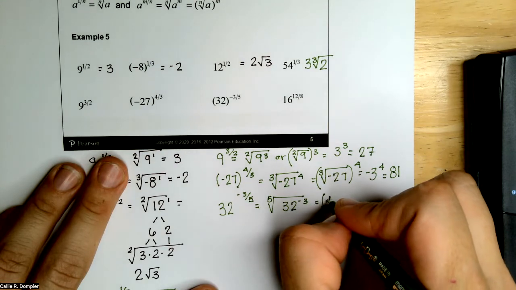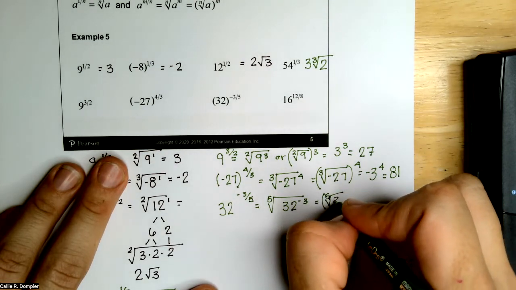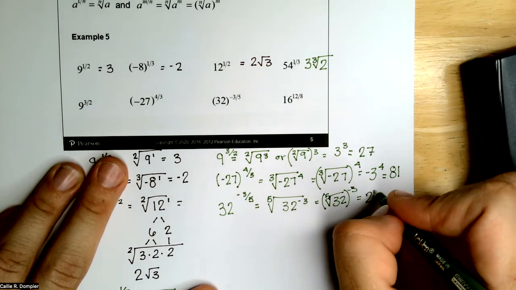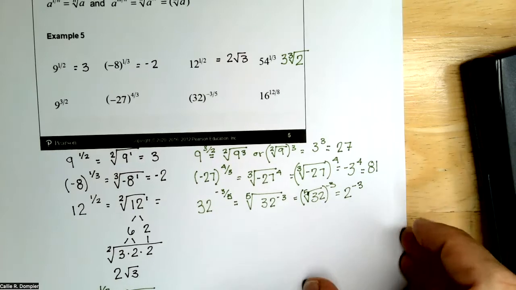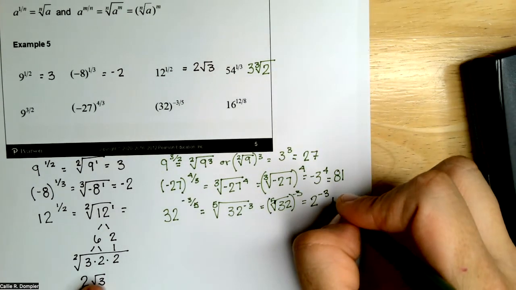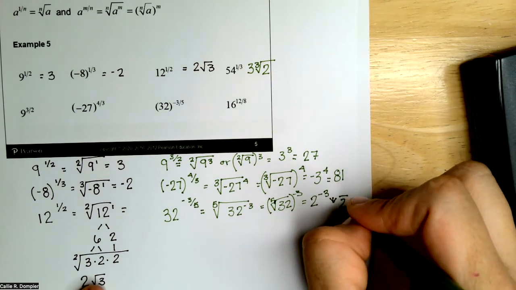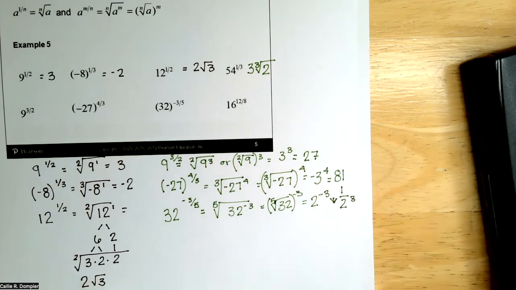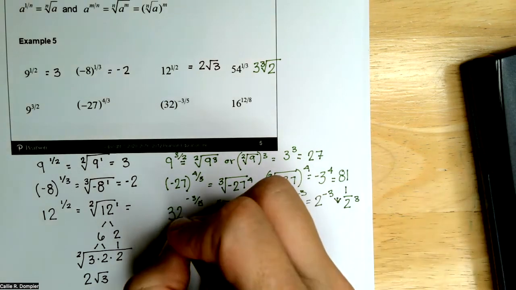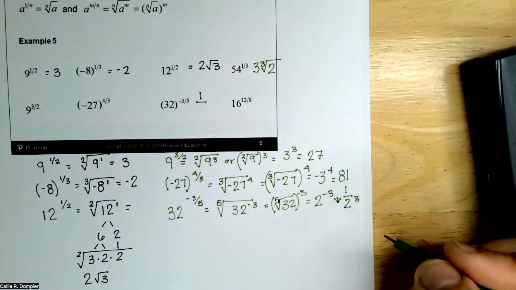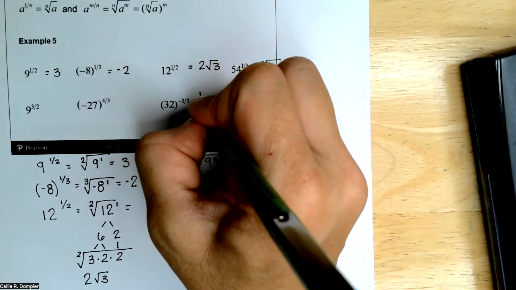So all of that becomes 2. 2 to the negative third is the same as moving the 2 below the fraction bar, raising it to the third power. 2 to the third power is 8. So 32 to the power of negative 3/5 is 1 over 2 to the third, or 1 over 8.